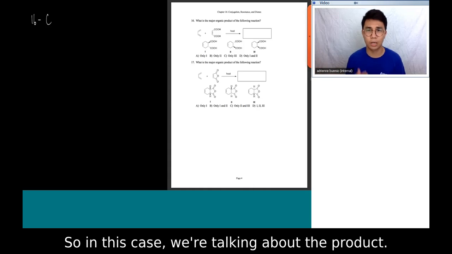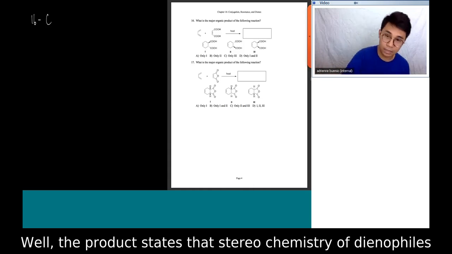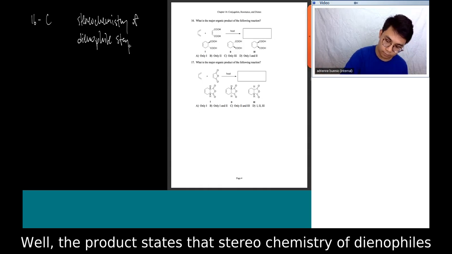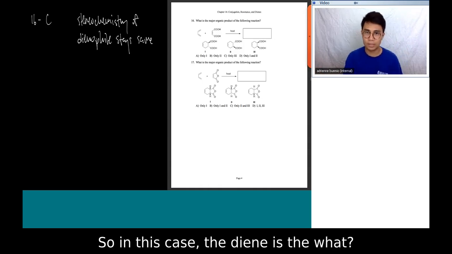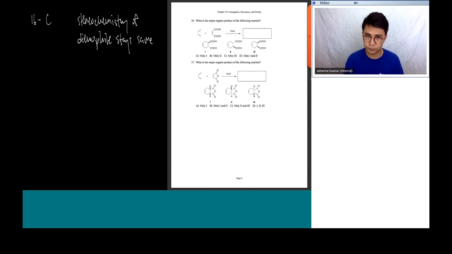So in this case, we're talking about the product. Well, the product states that stereochemistry of the dienophile stays the same, right? So in this case, the diene is a what?